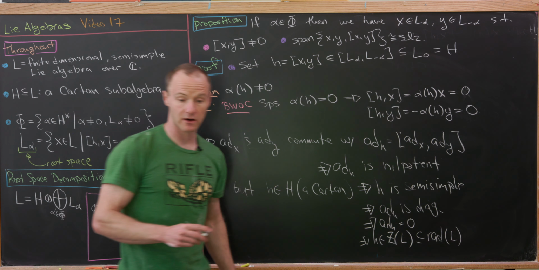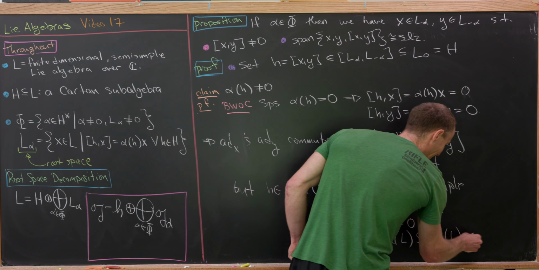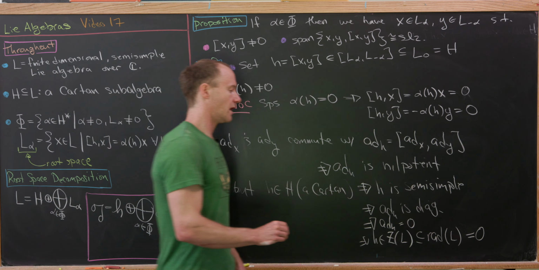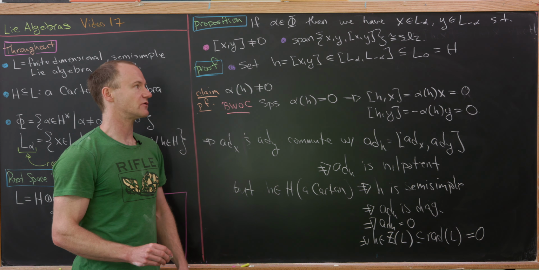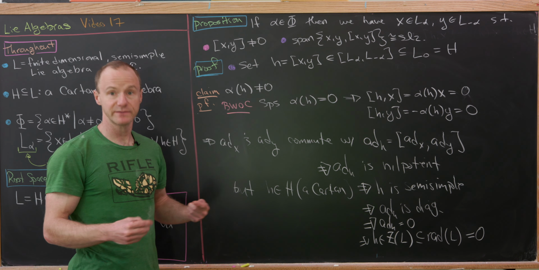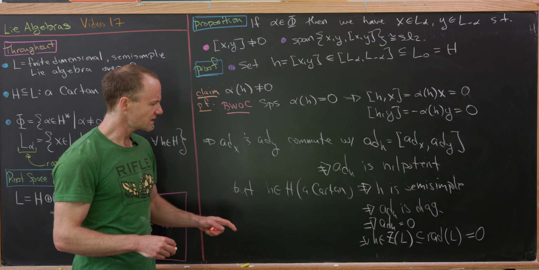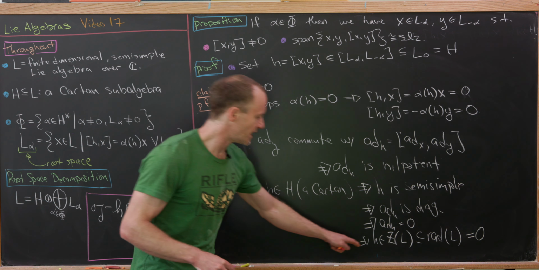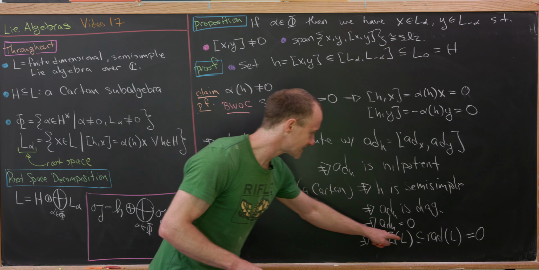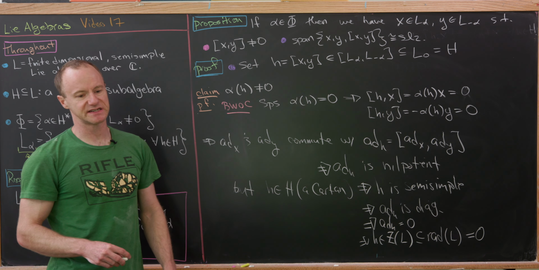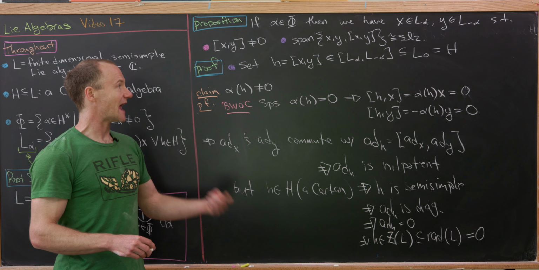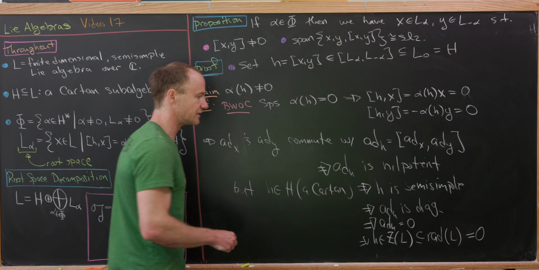I think we proved that earlier as well. But then the radical of our Lie algebra is 0, given the fact that we're a semi-simple Lie algebra. So we have h has to now be inside of the 0 subset, which means h is equal to 0.